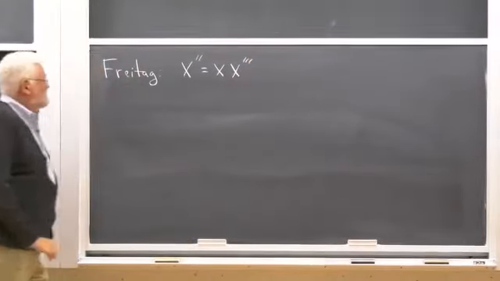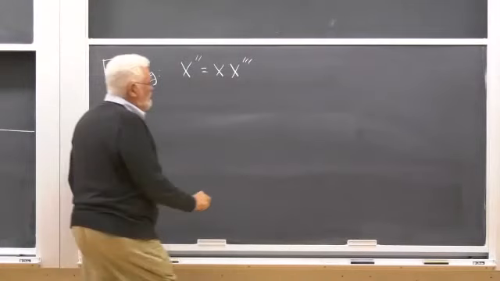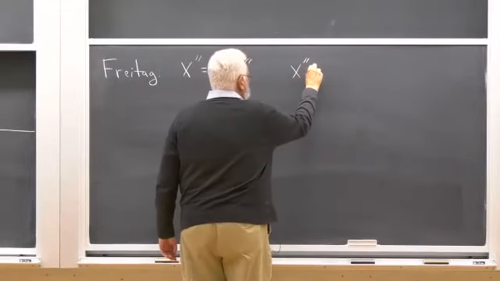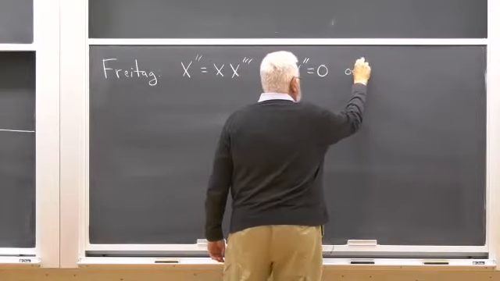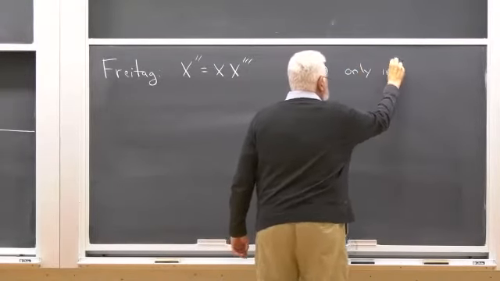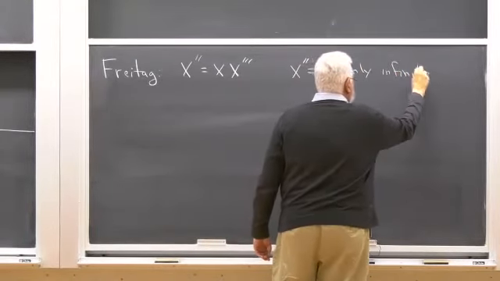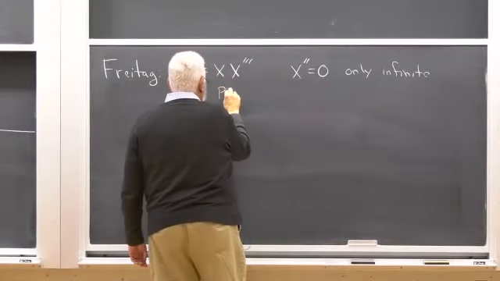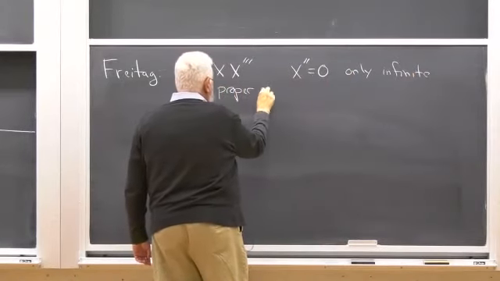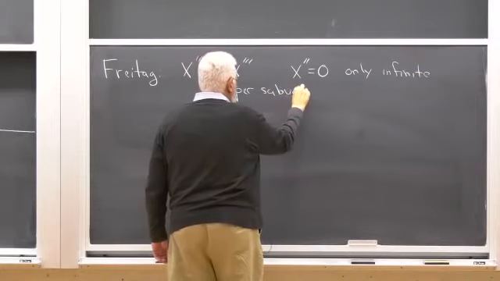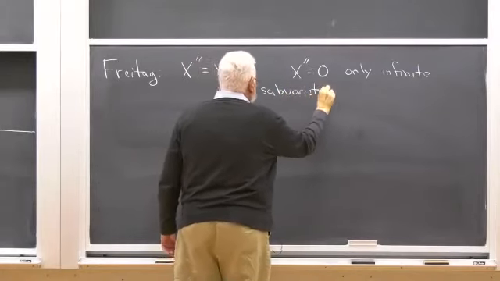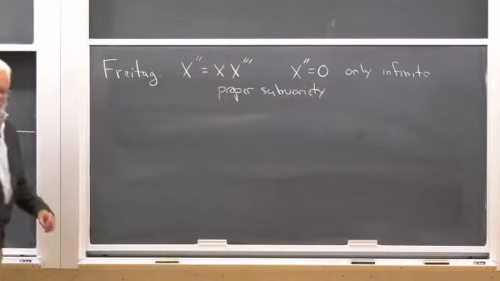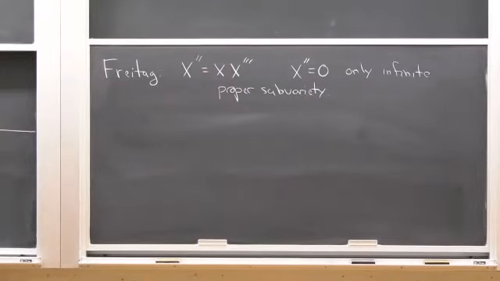You look instead at x double prime, x triple prime, and now x double prime equals 0 is the only infinite proper subvariety. And then I had suggested he look at this problem because this is something, again, that's quite weird.